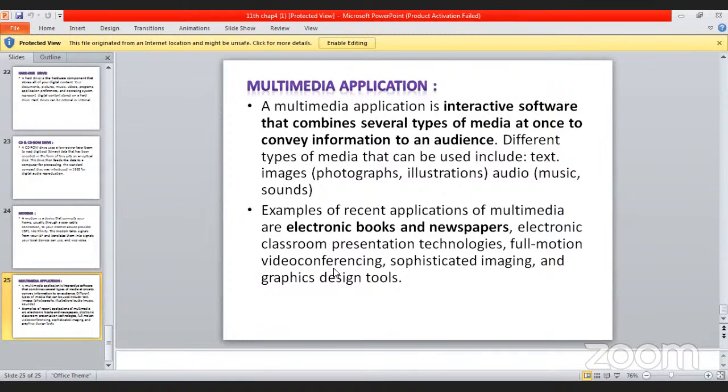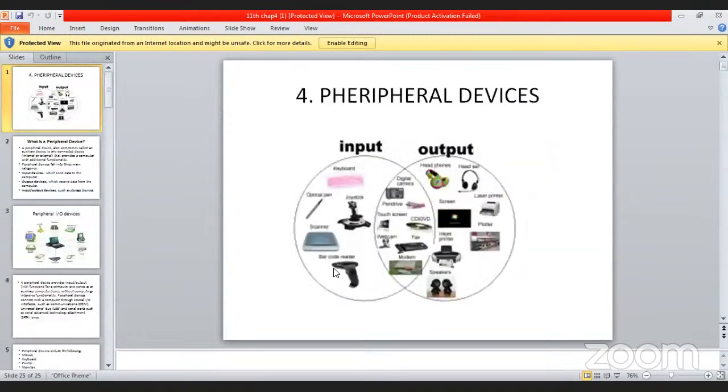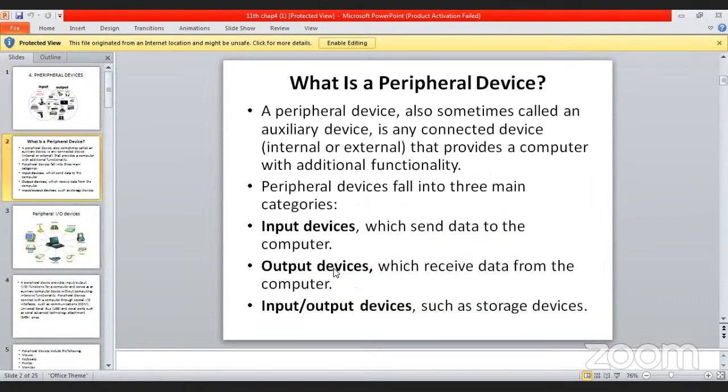So here chapter number 4 ends. So we can take just an overview of that chapter. In that chapter we can see peripheral devices. Peripheral devices means what? That device is also sometimes called auxiliary devices.